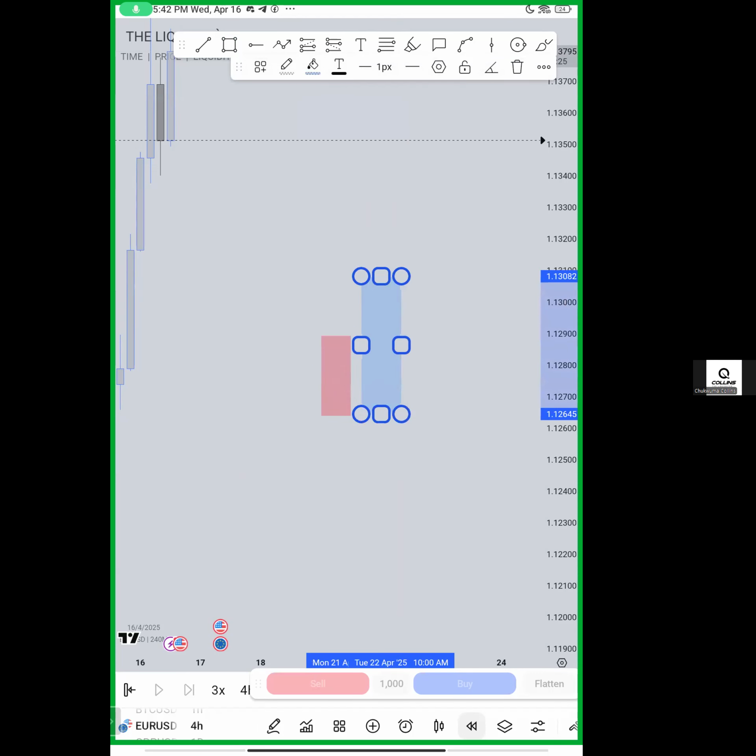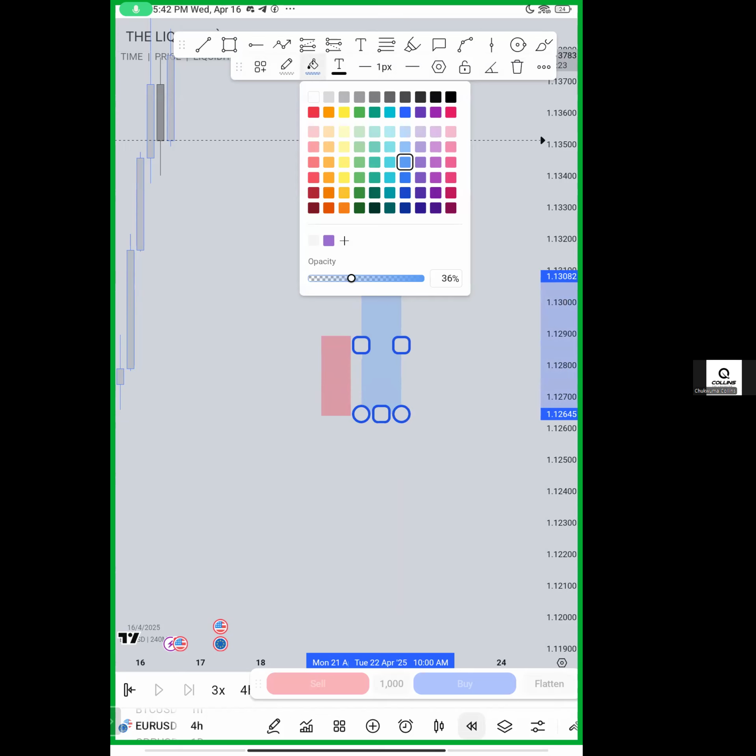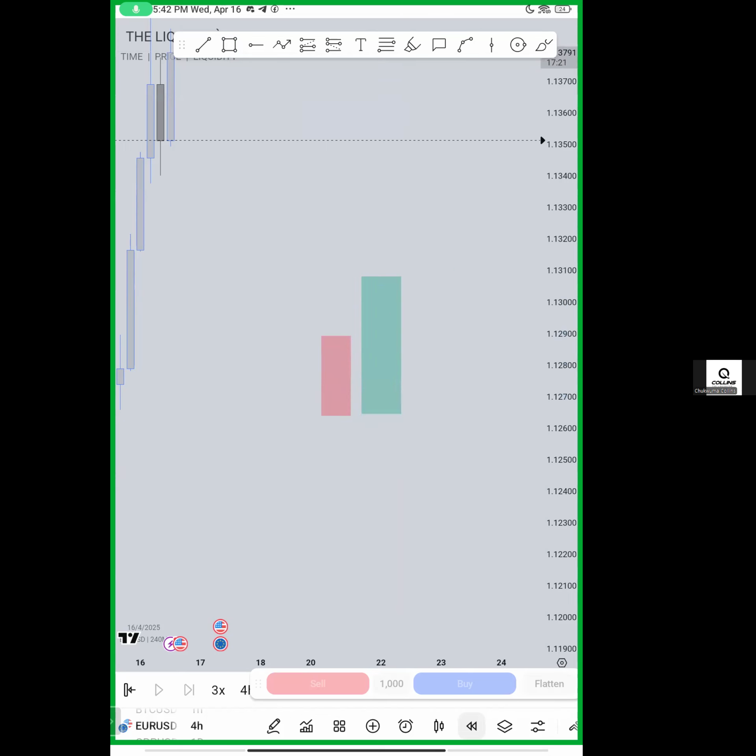We only say price has mitigated this one if there is a mitigation of a wick on that level. Do you understand? Let's say this is the order block here, and there was a mitigation. What do I mean by mitigation?